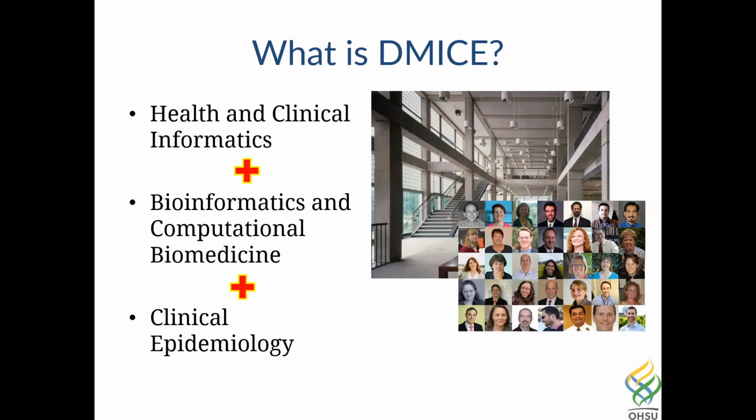And then there are also the folks who do clinical epidemiology. That's the Evidence-Based Practice Center, which is responsible for a number of evidence-based recommendations for best clinical practices for a number of specialties. Together, health and clinical informatics, bioinformatics and computational biomedicine, and clinical epidemiology comprise DMICE, the Department of Medical Informatics and Clinical Epidemiology.